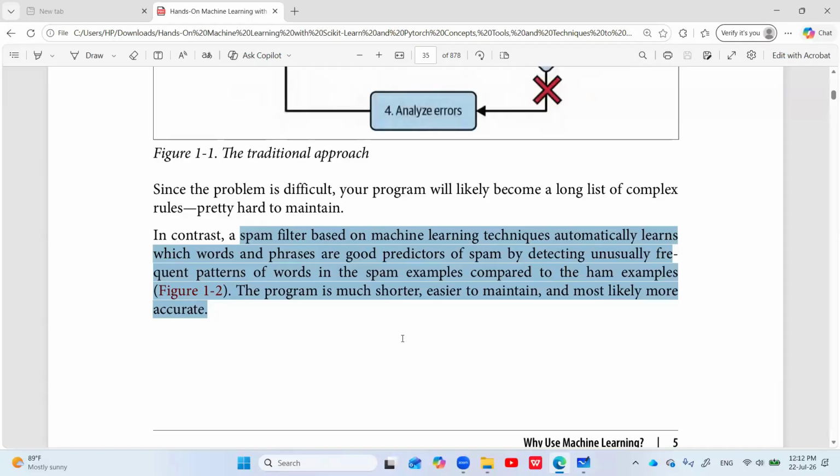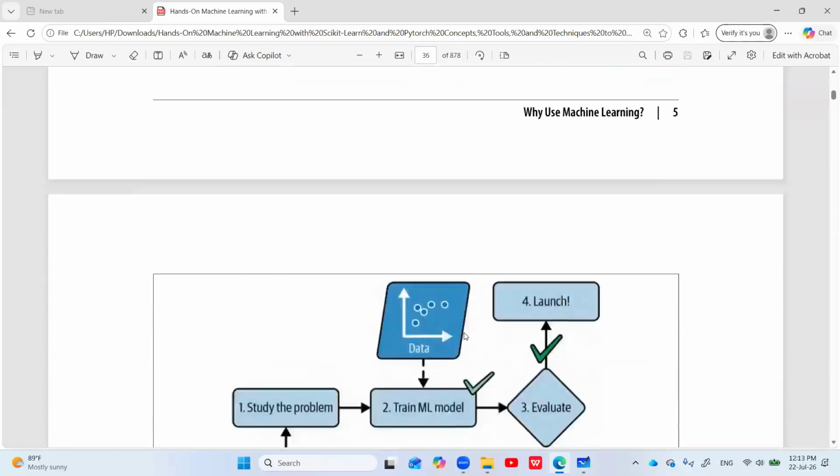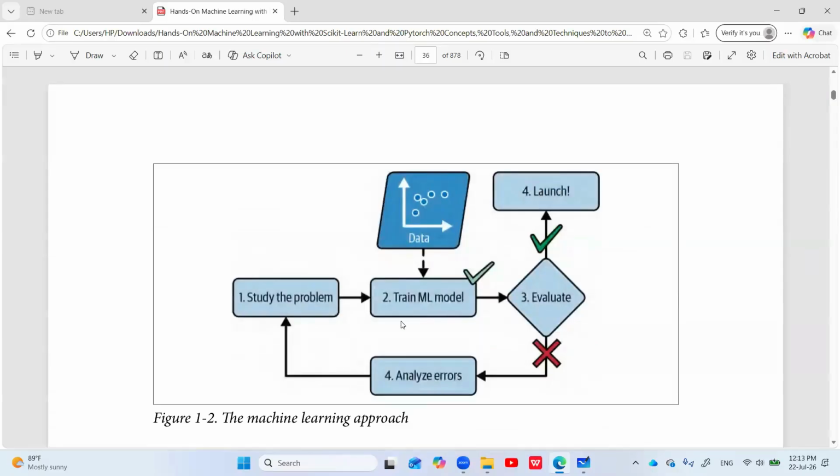Normally, compared to the common way, there are some unusual patterns available in the spam examples compared to the ham examples. So this program is shorter, because we don't want to provide any rules.